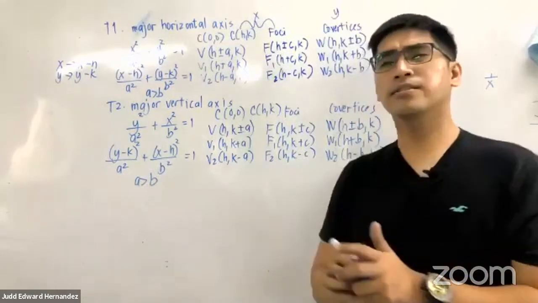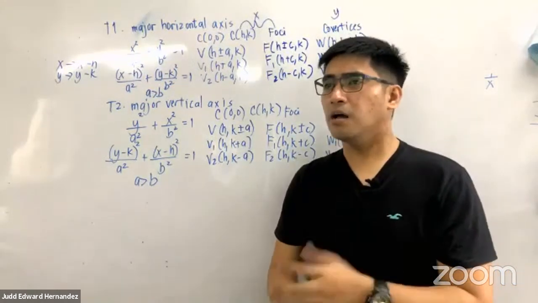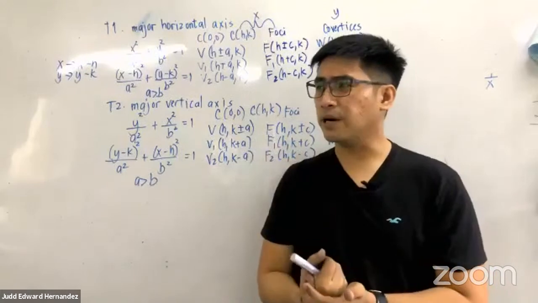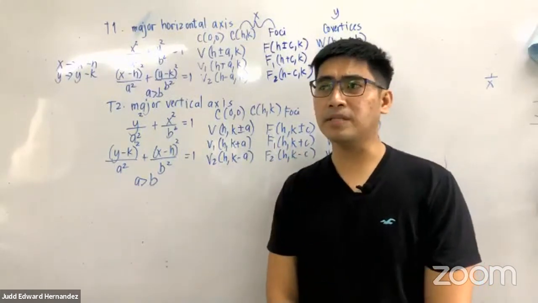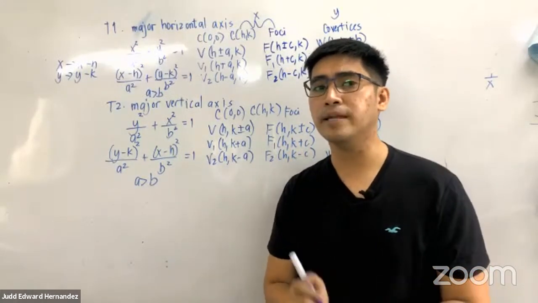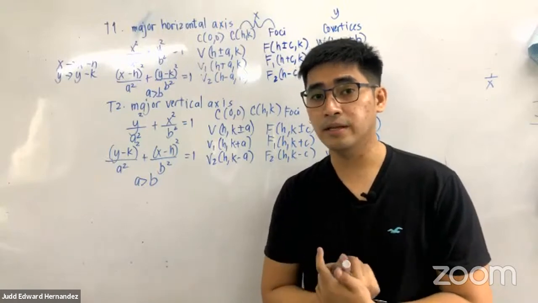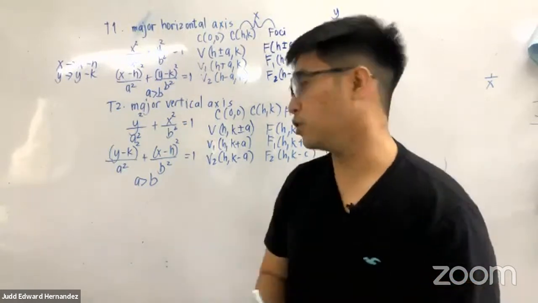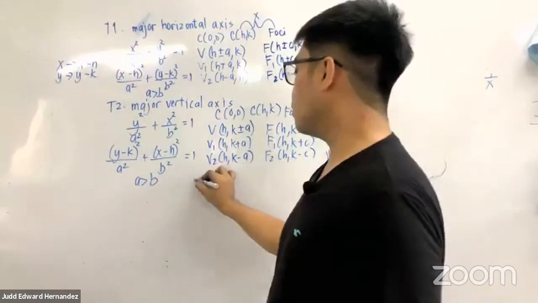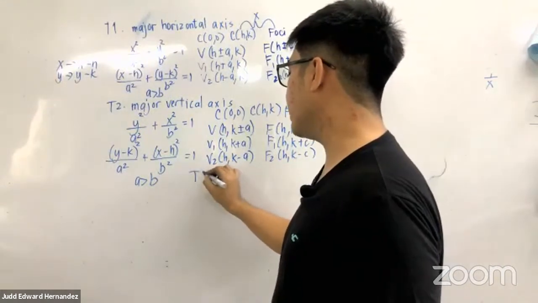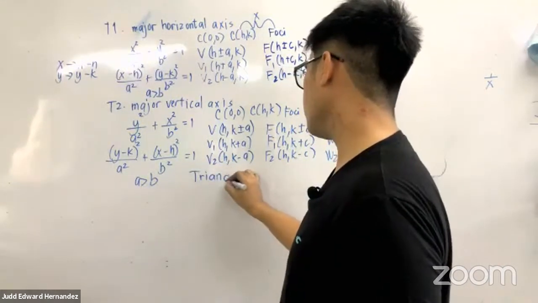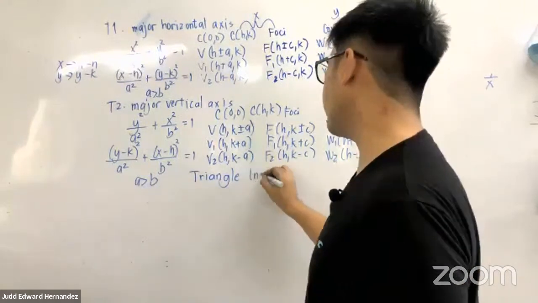Okay. Sir, sabi niyo po kanina, may A squared, may B squared. Saan po namin mahahanap si foci kapag given po kami ng A squared saka B squared? Okay. So, yun yung question. Always remember that we have what we call as the triangle inequality. May tinatawag tayong triangle inequality.